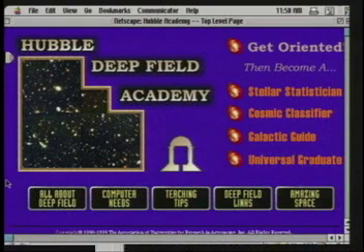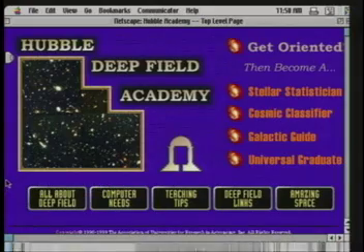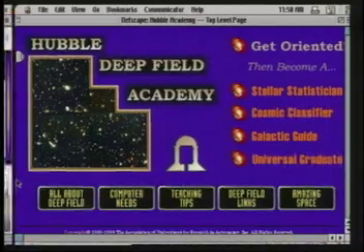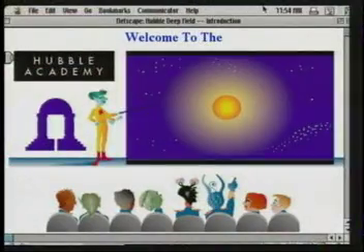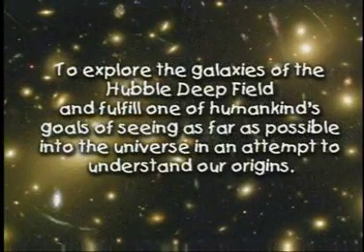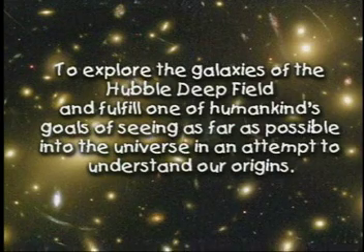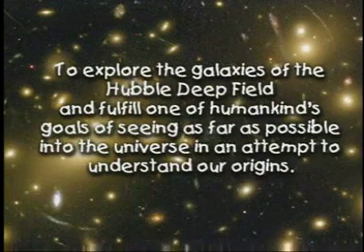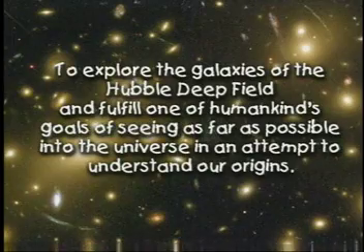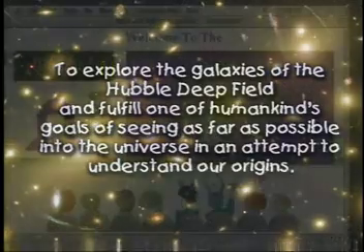In this show, we are featuring the Hubble Deep Field Academy, produced by the Space Telescope Science Institute. The Academy consists of 5 sections. The first one gets you oriented to the website and to your mission, to explore the galaxies of the Hubble Deep Field and fulfill one of humankind's long-time goals of seeing as far as possible into the universe in an attempt to understand our origins.